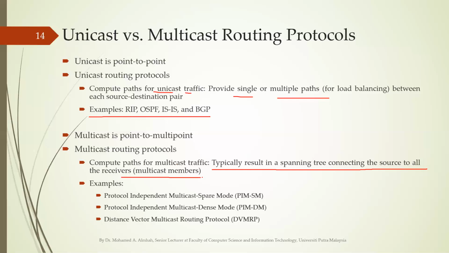That's why they call it multicast based. Why? Because the receivers are considered multicast members. Examples of this kind of protocols are PIM-SM, PIM-DM, and DVMRP. All names are written here. So that's all about the unicast.